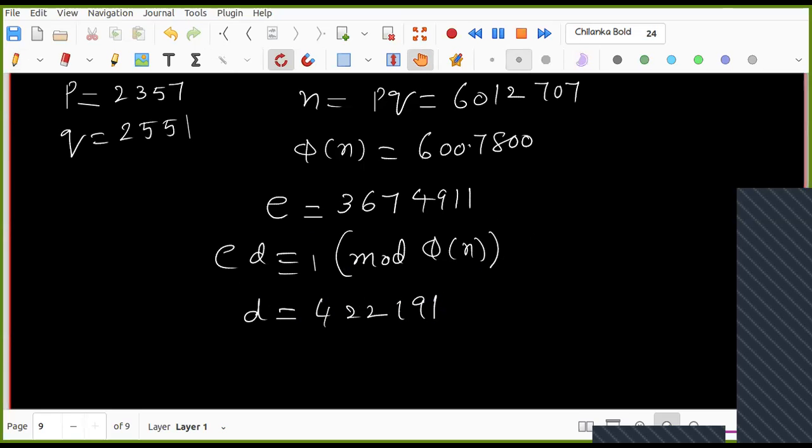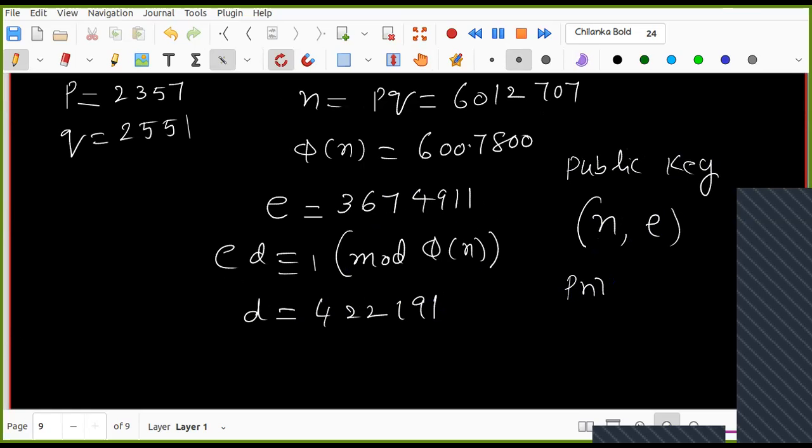Now what is the public key? The public key is n comma e, and the private key is this d.